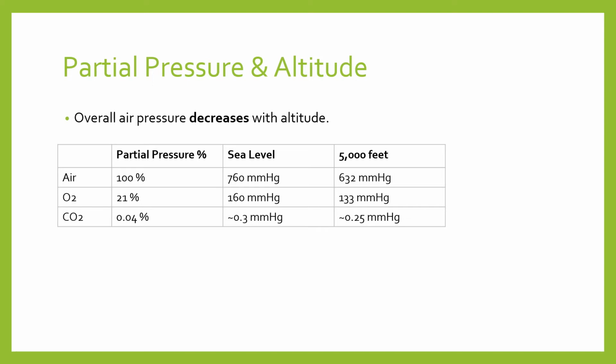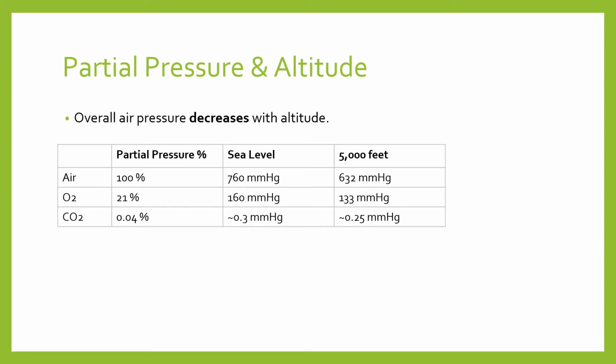So the partial pressure of oxygen at 5,000 feet is 21% of 632, which works out as 133 millimeters of mercury. So you can see, going from sea level to 5,000 feet, the partial pressure of oxygen, even though it's still 21%, has dropped from 160 millimeters of mercury down to 133 millimeters of mercury. Likewise, carbon dioxide has dropped a tiny little bit as well.